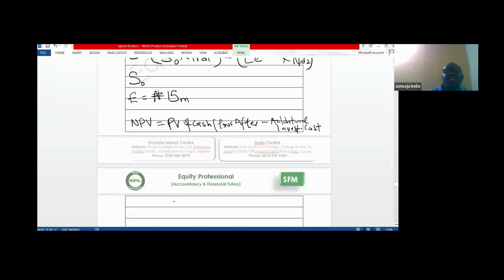What is the present value of cash flow right now? I'm trying to manage time because someone might say, I'm not in class, so how can I now get X?